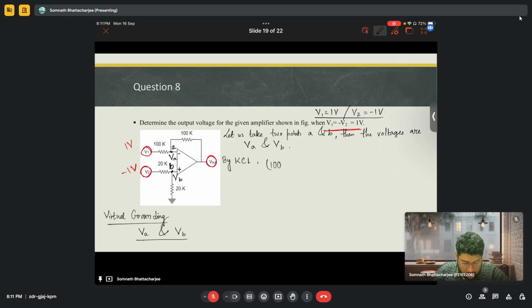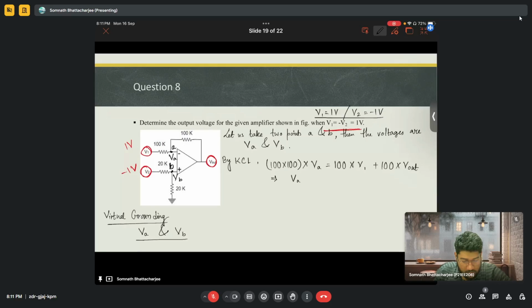So 100 cross 100 multiplied by VA will be equal to 100 cross V1 plus 100 cross V out. Is it correct? Yes.